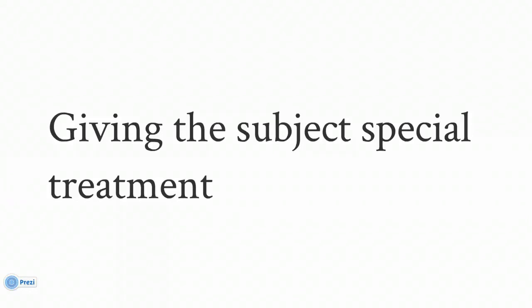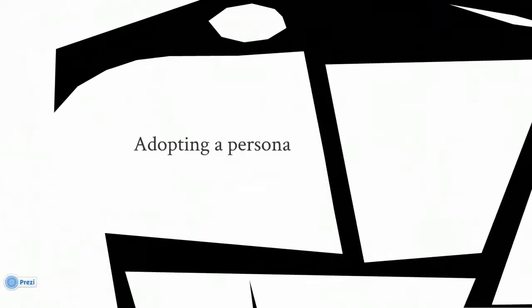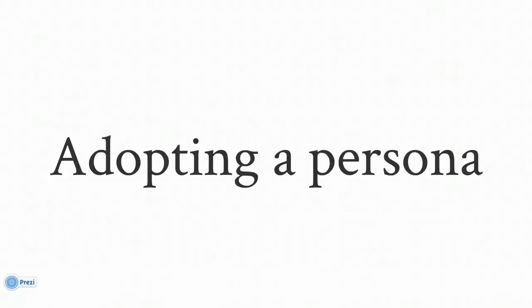Here, giving the subject special treatment. What if you're discussing a subject matter which is very sensitive, a very sore subject, kind of like what Virginia Woolf does in her passage, the subject of the angel in the house. It's a very sensitive subject, and so she needs to do some things rhetorically in order to overcome that sensitive subject. Or adopting a persona.